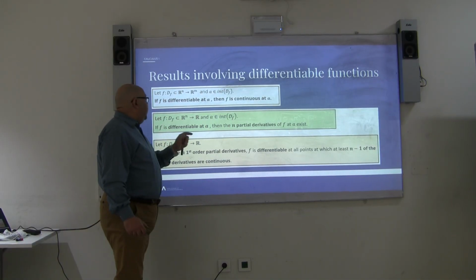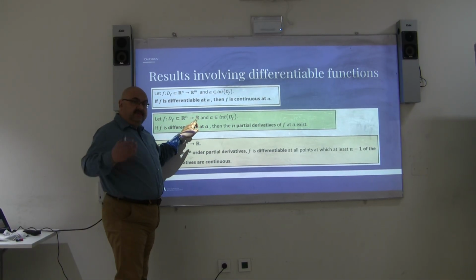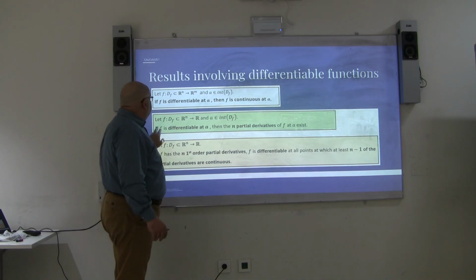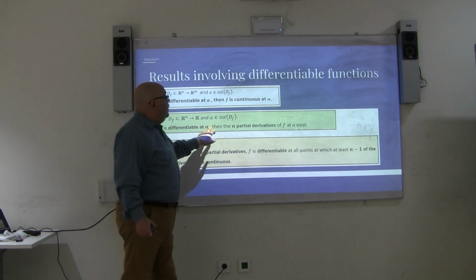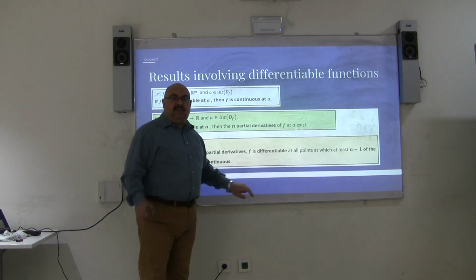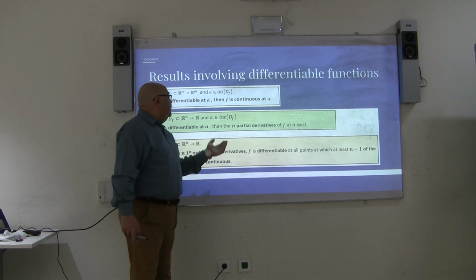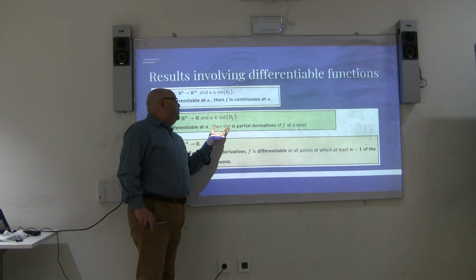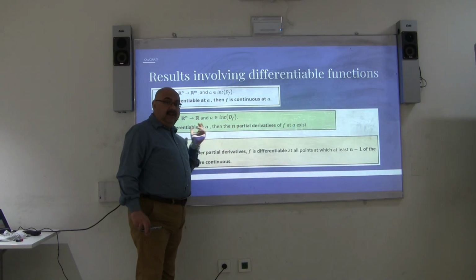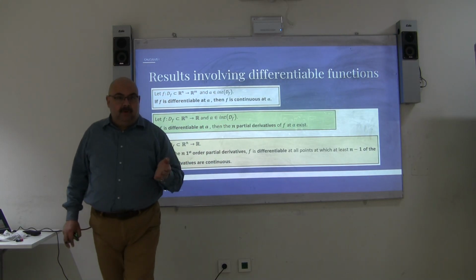If we are running from Rn into R, which is functions in several variables, if f is differentiable, then all partial derivatives of f exist. If you remark, Hazel, this is what I depended on in answering the second part in the previous problem. When the partial derivatives don't exist, then the function is not differentiable, okay?